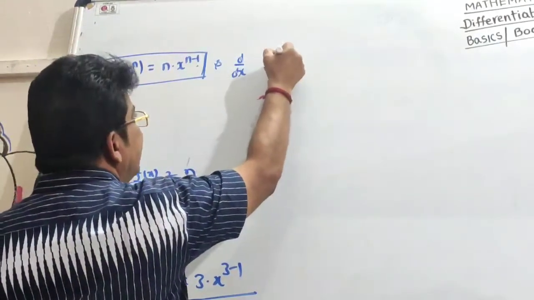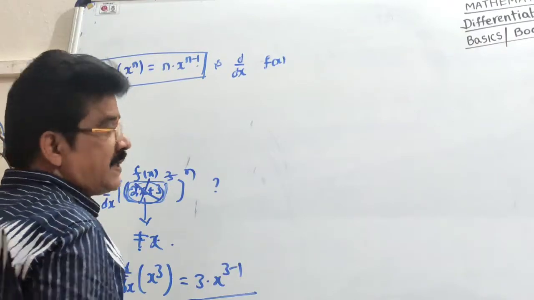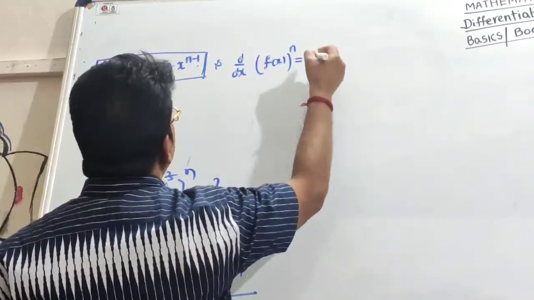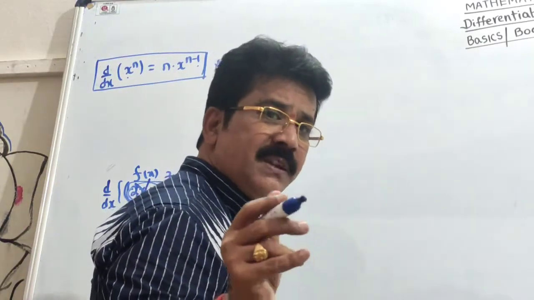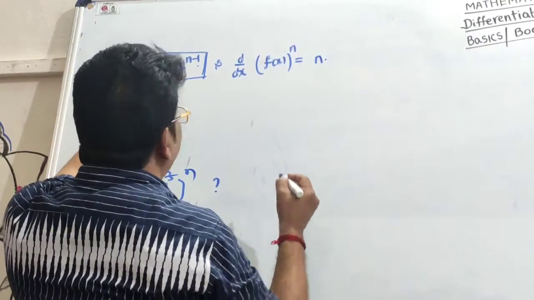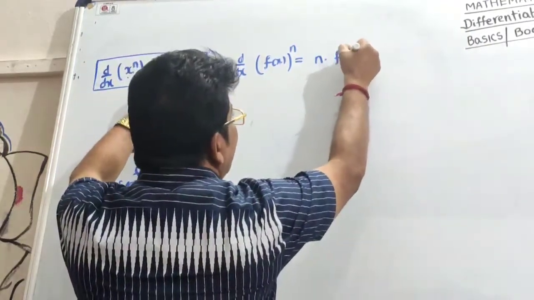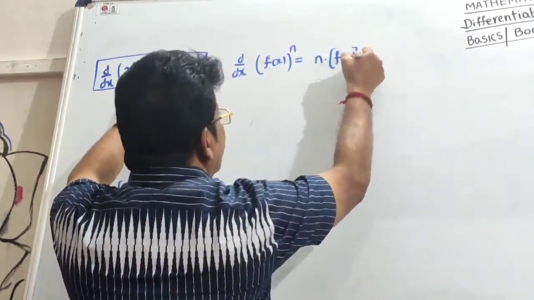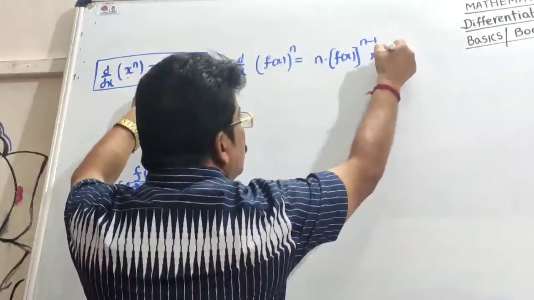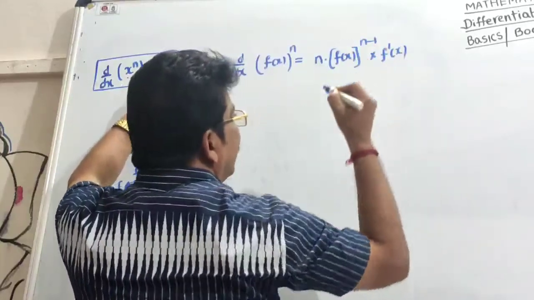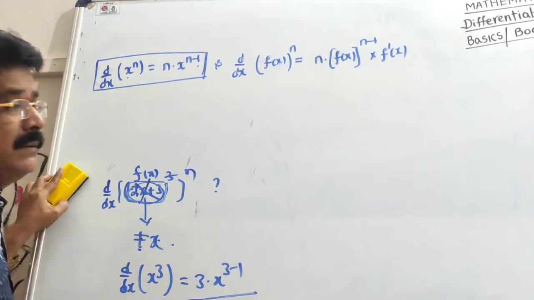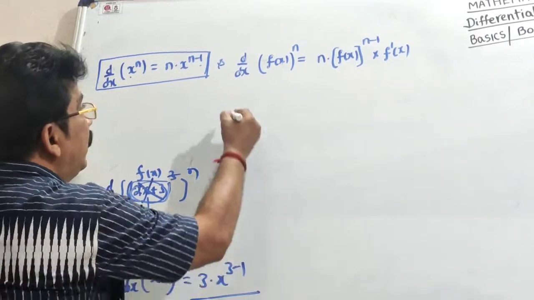Instead of x, if any other function f of x is there, with the whole power n, we follow the same structure: n same, instead of x write f of x, powers, coefficients and signs same. Additionally, write into f dash of x because it is a composite function. Understand? Now, an example.